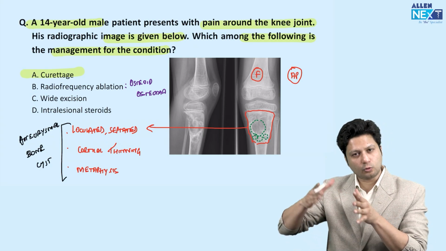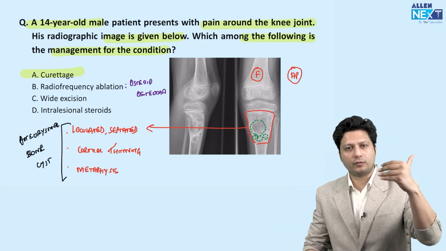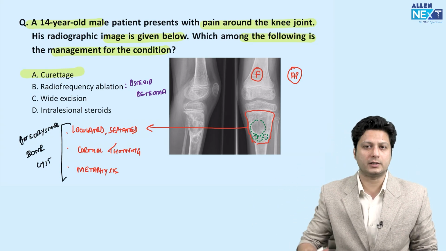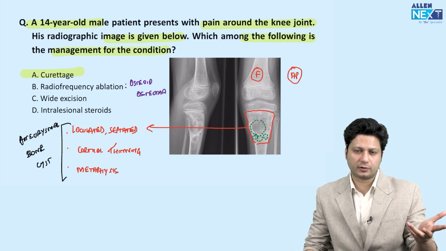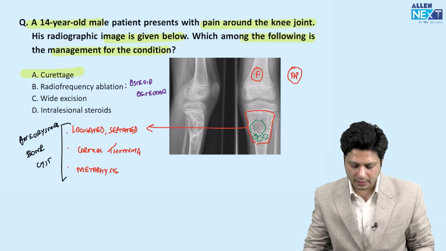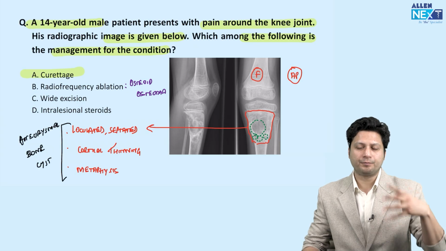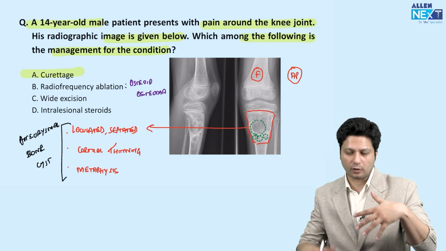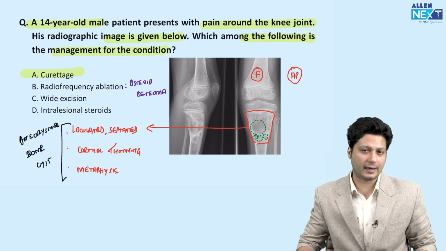These are the two contraindications. Otherwise, radiofrequency thermal ablation is used in the management of these lesions. Wide excision, as I told you, goes in favor of simple bone cyst. Intralesional steroids today do not favor any conservative management of any tumor.